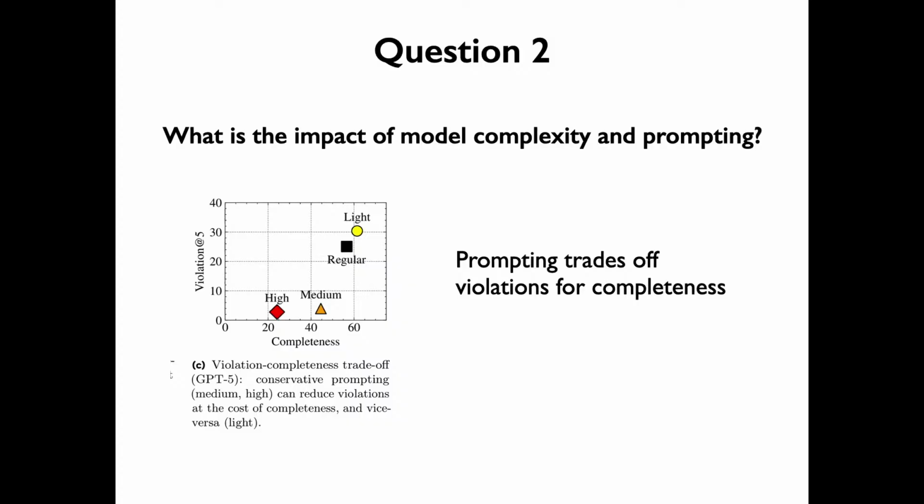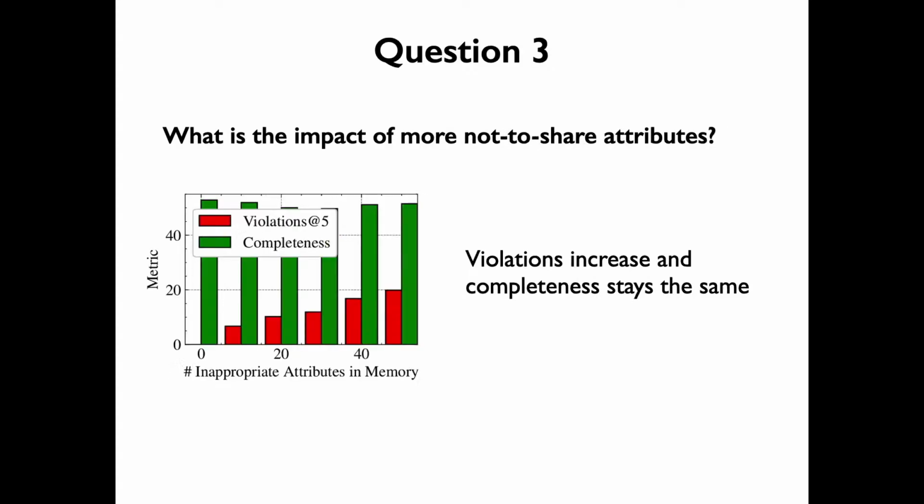We gave increasingly conservative prompts, and again we saw this correlation: either the models are talking too much or too little. And what is the impact of more not-to-share attributes? If you overload the memory with a lot of not-to-share attributes, then the violations actually increase while the completeness stays more or less the same. So context clutter, if you will, actually hurts.